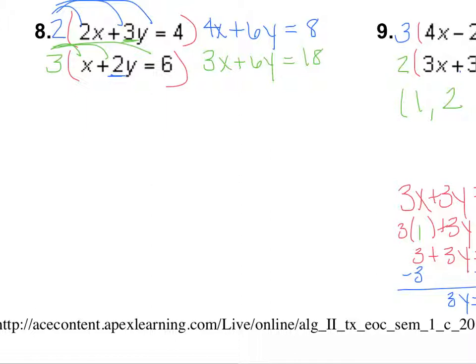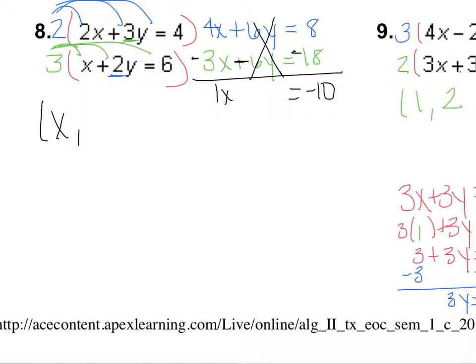Well, I can't quite eliminate anything because they both have the same sign, so I am actually going to make the bottom one negative. If I switch that bottom sign, I have to switch all the signs in the bottom row. So 4x minus 3x is 1x. My y's cancel. And 8 minus 18 is negative 10. So there's half my answer. x equals negative 10.